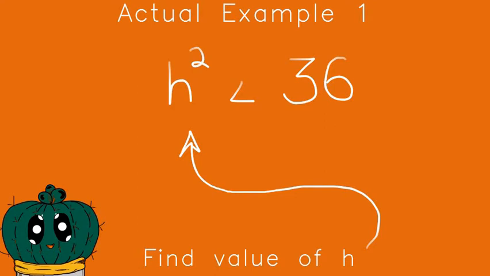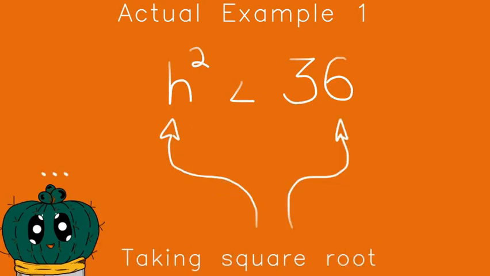Whenever we want to find out the value of any variable, we have to isolate it. We don't want anything around it, anything being squared or cubed. We just want the variable alone. So you have to get rid of the square attached to the h, and you can do that by taking the square root.